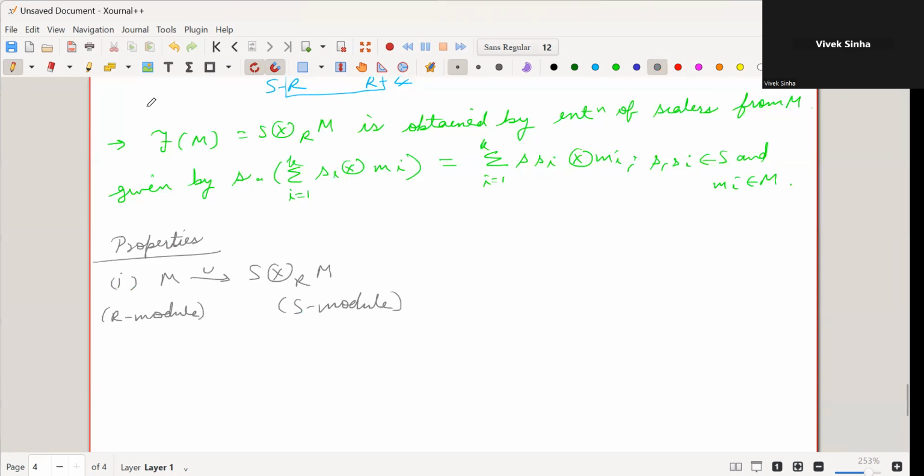You have a map psi such that m is mapped to 1 tensor m, and it is an R linear map. So if you map m to 1 tensor m, then this map is a linear map with respect to R.